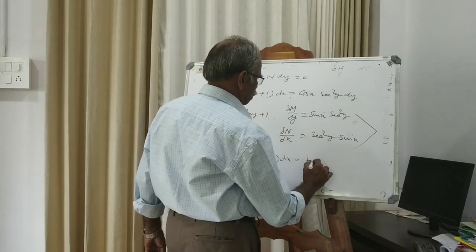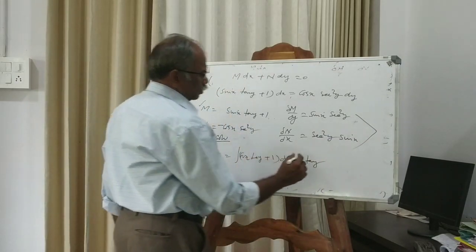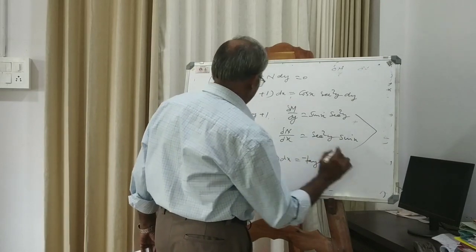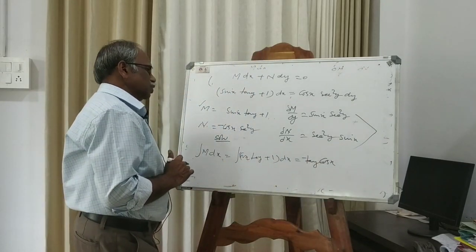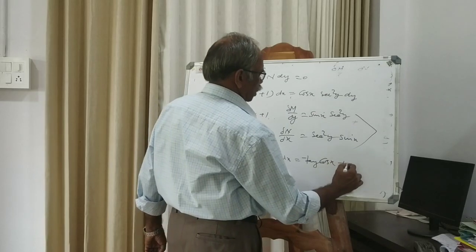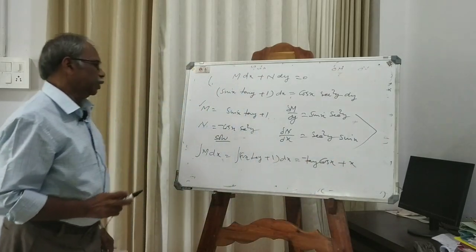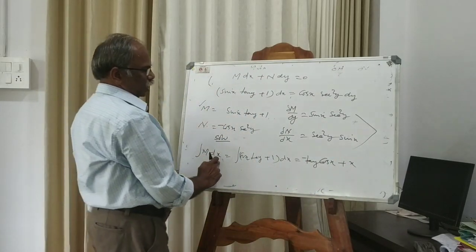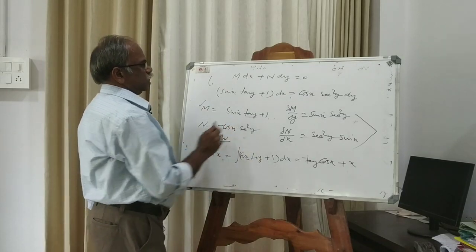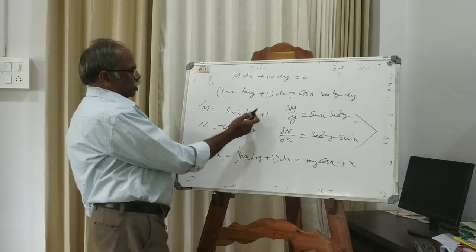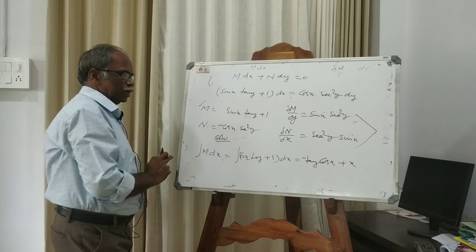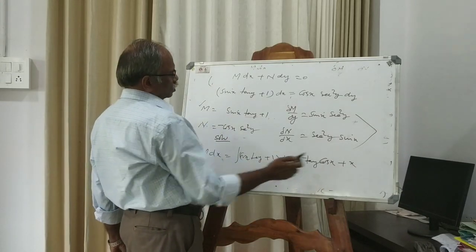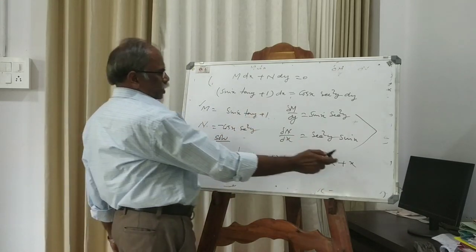So, tan y is a constant, and the integral of sin x is minus cos x, plus the integral of 1 is x. So, tan y into the integral of sin x. The integral of sin x is minus cos x, and the integral of 1 is x.